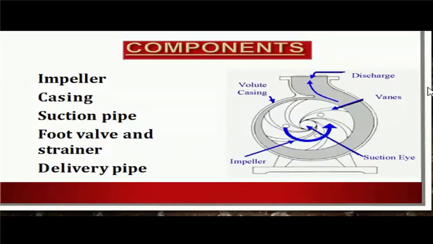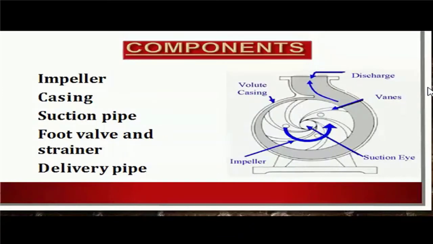Basically, the impeller is the main rotating part that provides the centrifugal acceleration to the fluid. There are three types of impeller: closed type, open type and semi-closed type. Depending on the viscosity of a fluid, we choose the type of impeller.